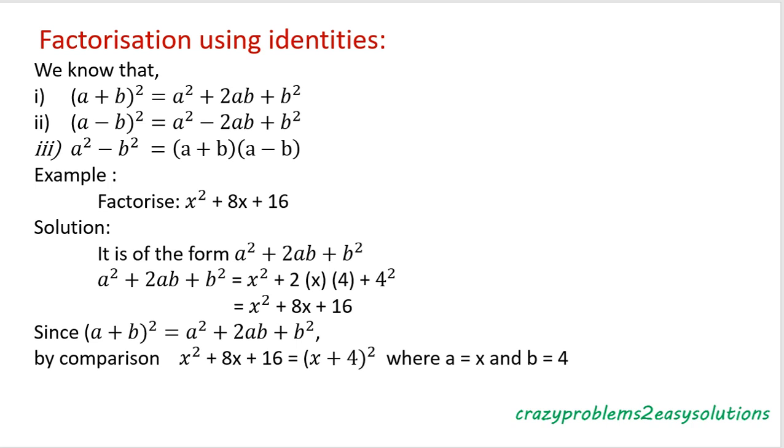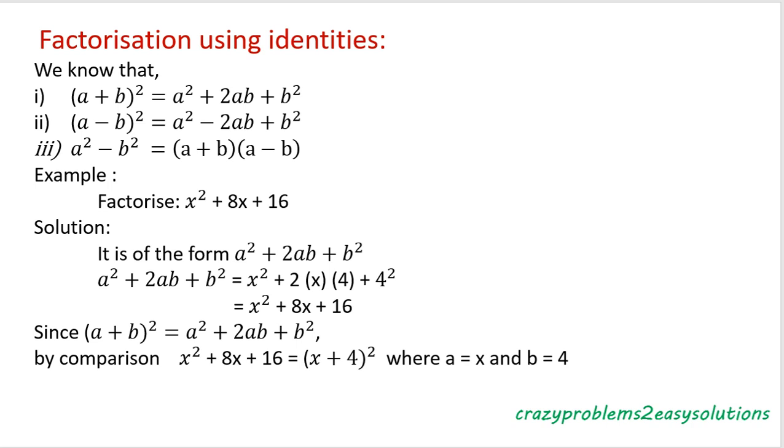For example, factorize x square plus 8x plus 16. Solution: we have this in the form of a square plus 2ab plus b square, so here x square plus 2 into x into 4 plus b square.